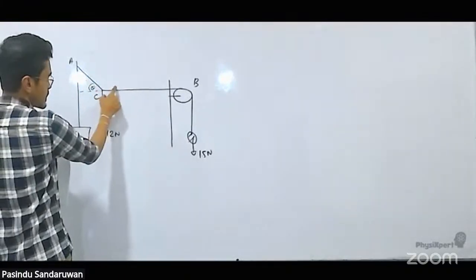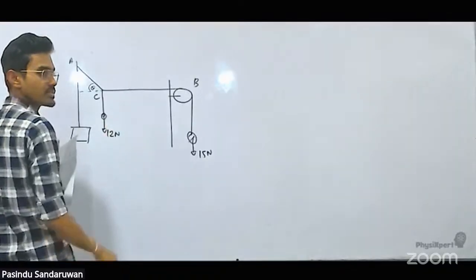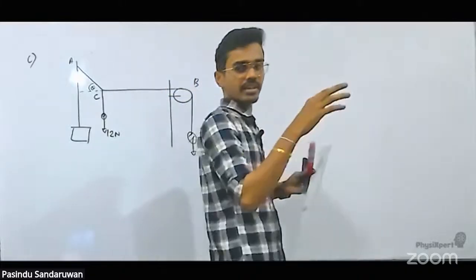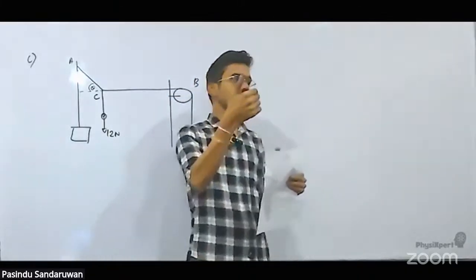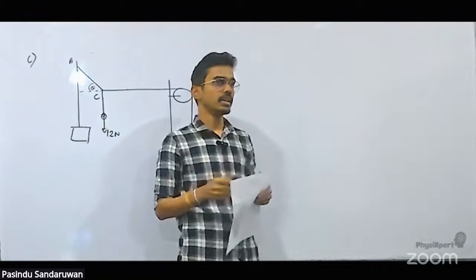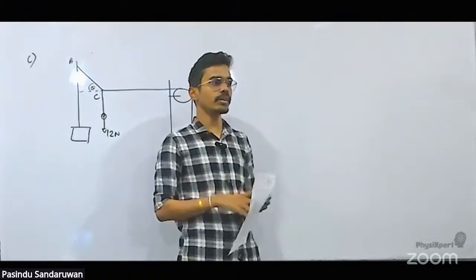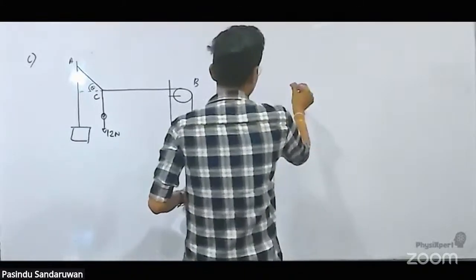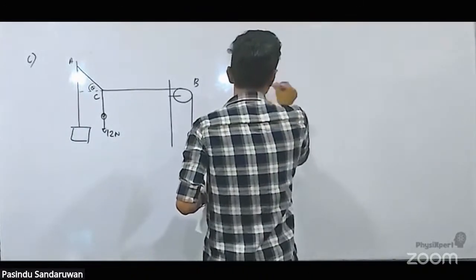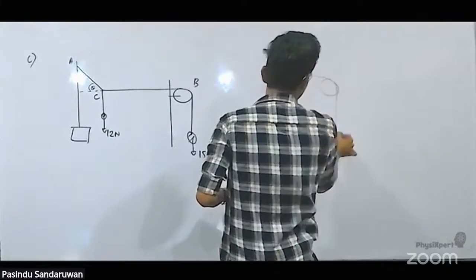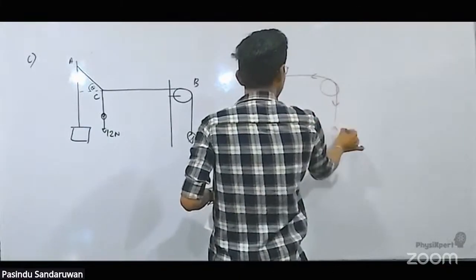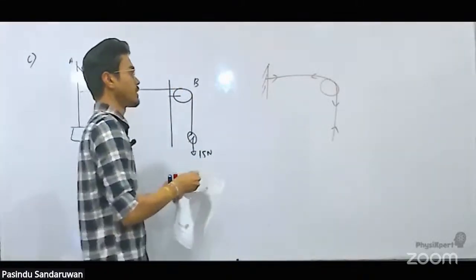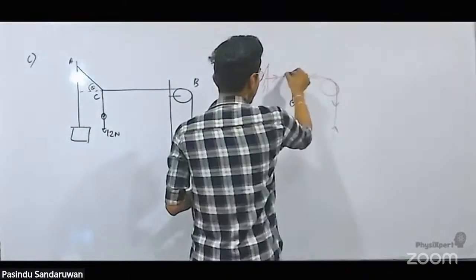Then T cos theta equals T, which means they are different. So keep this in mind, even though that's the same string, if masses are suspended at a middle point, it changes. For the same string without any such interruptions, tensions are the same. But here it is different, because a mass is suspended here.